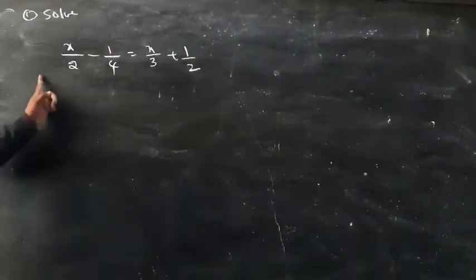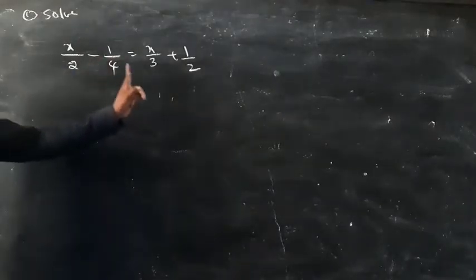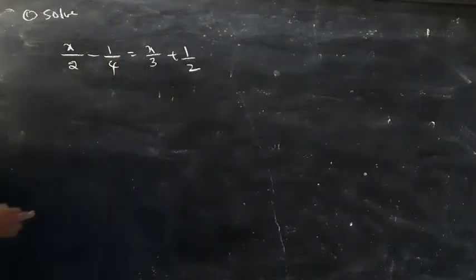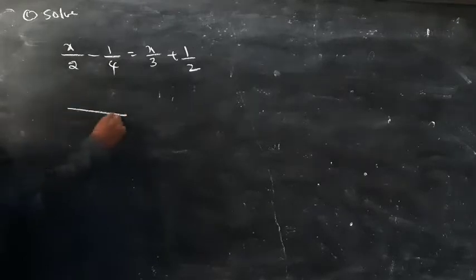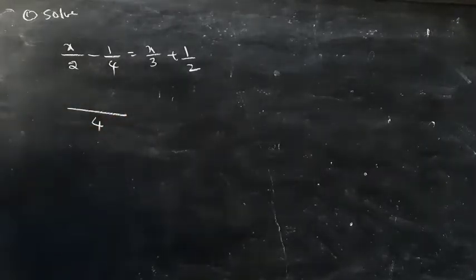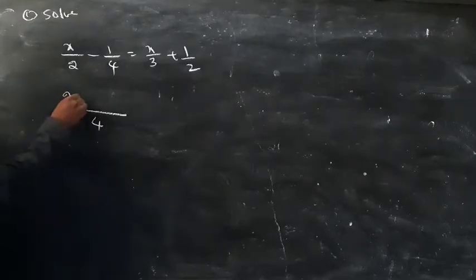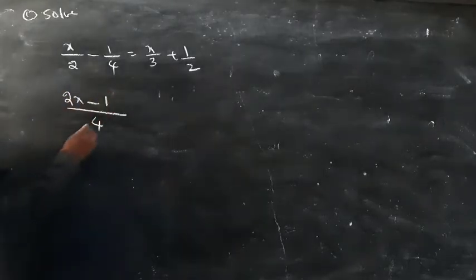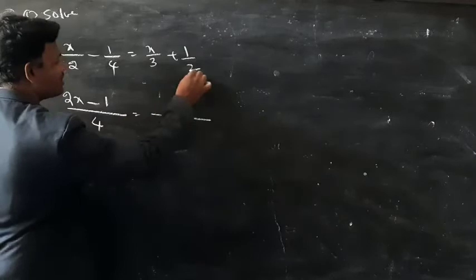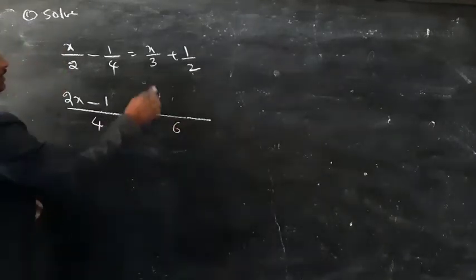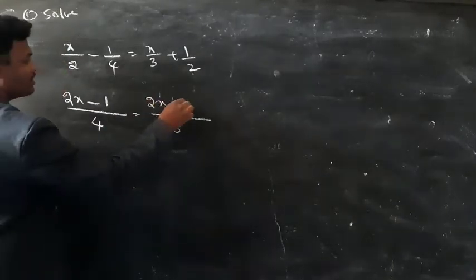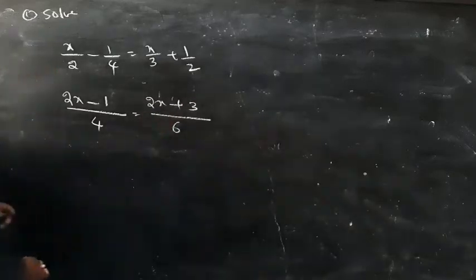Here, solve x by 2 minus 1 by 4 is equal to x by 3 plus 1 by 2. So here I am taking the LCM. What is the LCM here? 4 is the LCM. 2 1s are 2, 2 2s are 4. So it is 2x minus 1 is equal to, here LCM 6. 3 1s are 3, 3 2s are 6, plus 2 3s are.